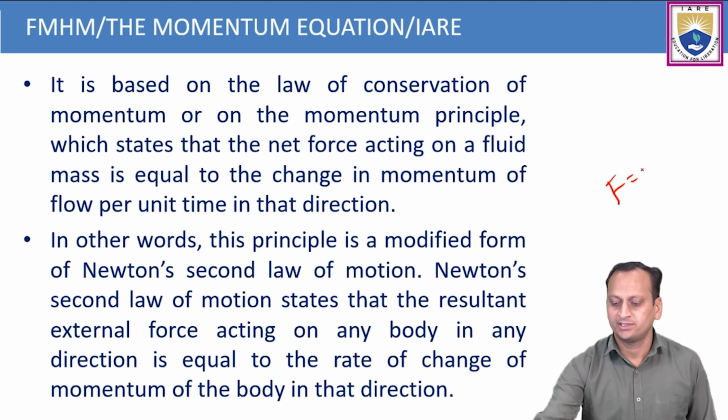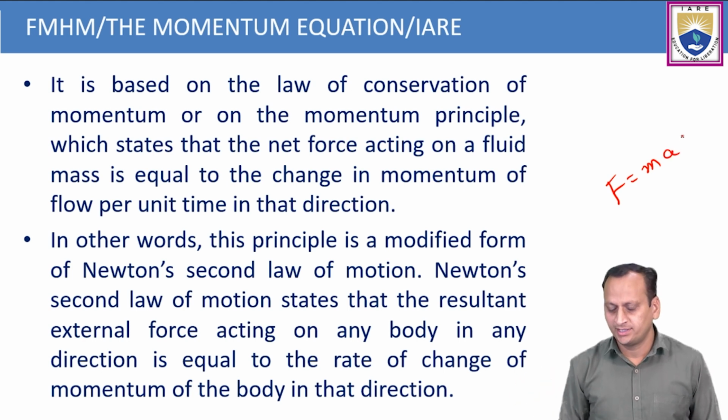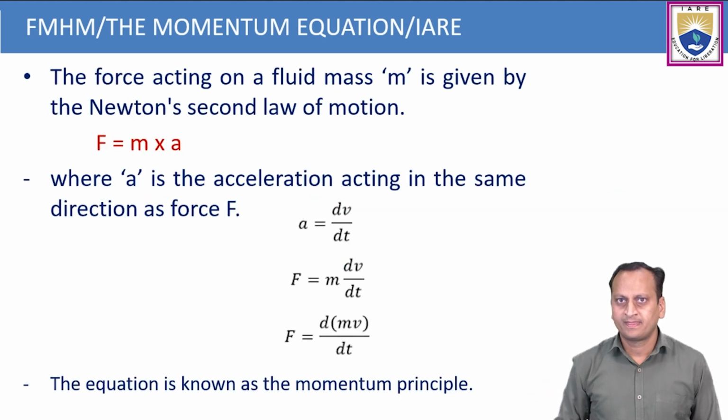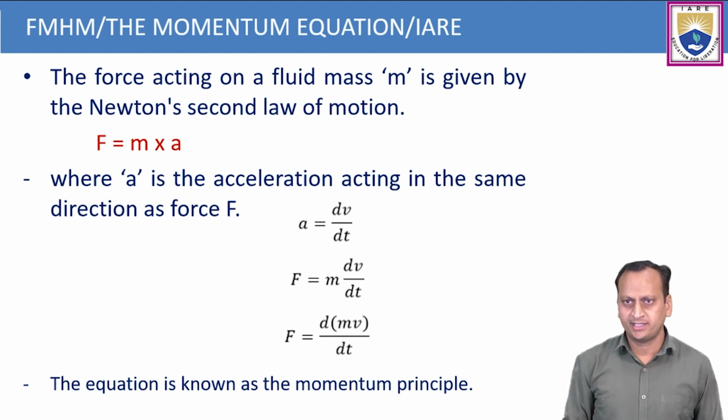So Newton's second law states that F equals ma. As per Newton's second law, the net force is F, m is the mass of fluid, and a is acceleration. Here a can be written as dv by dt, that is, the rate of change of velocity is acceleration.